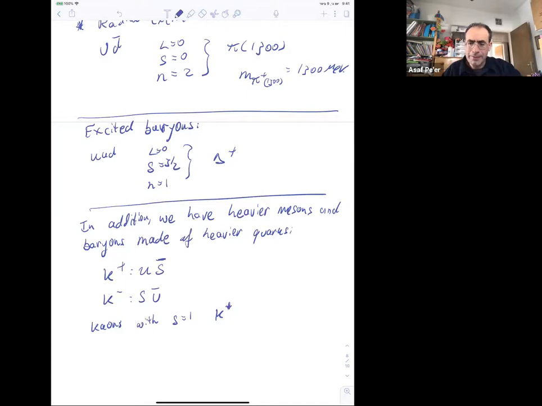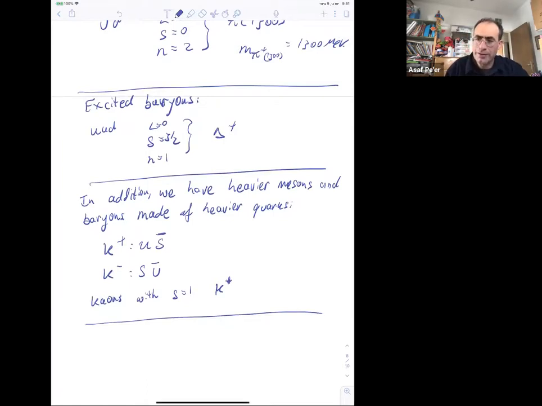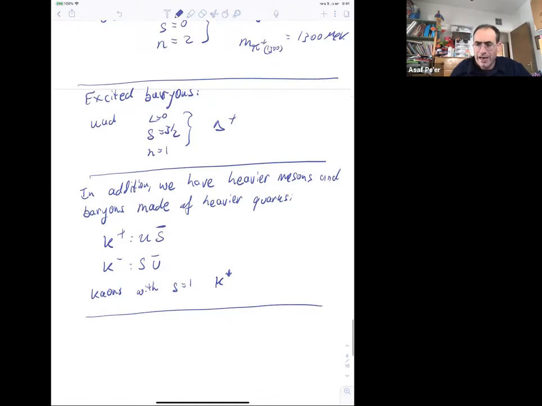Now, I refer you to what's called the PDG, the Particle Data Group. You can find all the information about all the particles. You can understand now that there are very many of them. But as I said, you might feel more relaxed knowing that the vast majority of them are highly unstable and in fact decay very quickly. So the lightest hadrons we have are the pions and the kaons.